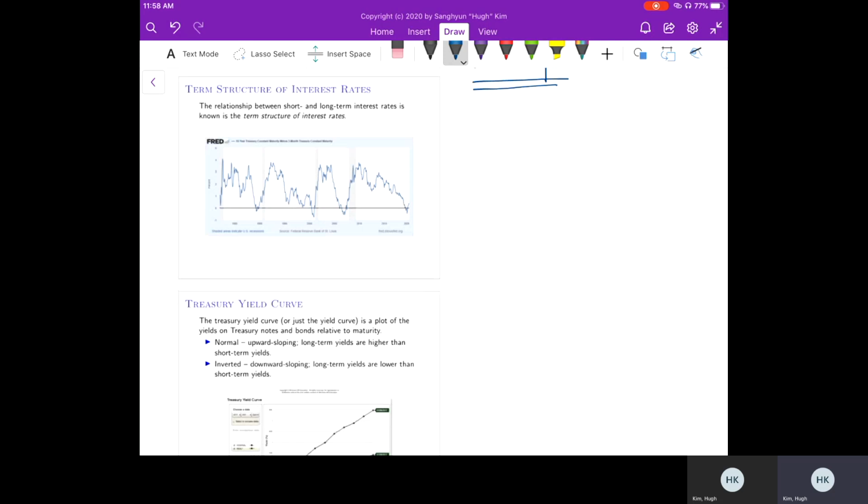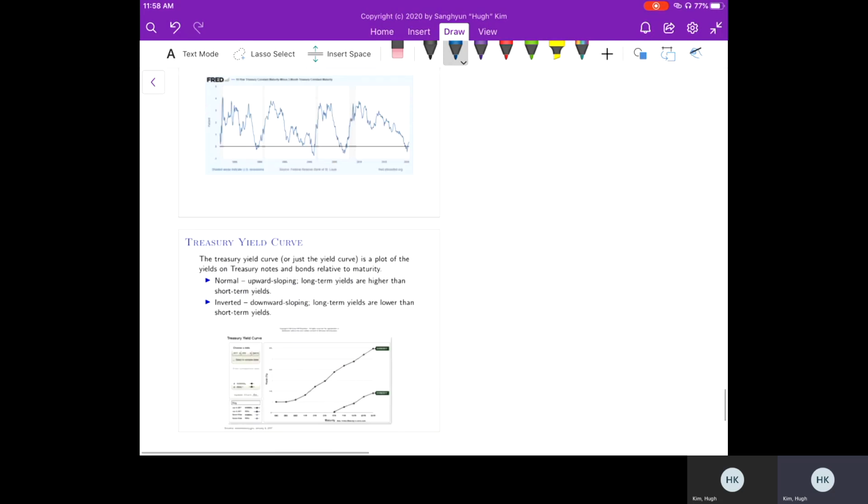And the term structure of interest rates is often represented by the yield curve on Treasury bonds. It's a plot of the yields on Treasury notes and bonds relative to maturity. So as you can see here, yield goes up as maturity increases. So the yield curve is normally upward sloping.